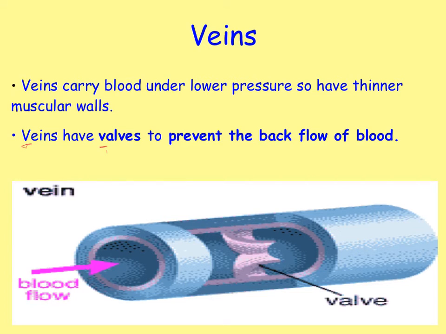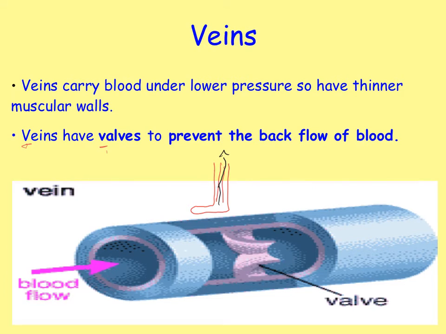So for example, you know I'm not very good at art, but we'll say here is a wee leg. And you've got your vein, and blood is being pumped up the way towards your heart. Then the problem is that gravity is going to work against that, and some of the blood could start to fall back and pool in areas.